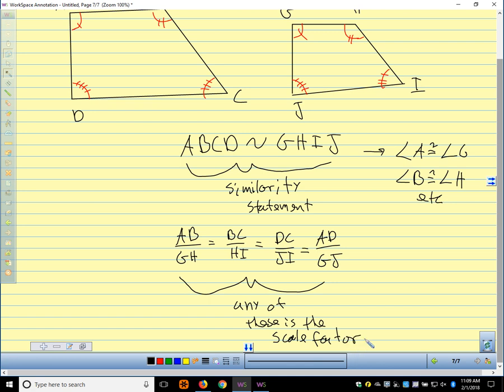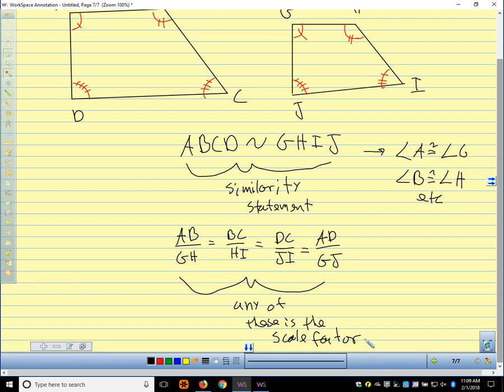So if that ratio is 2 to 1, that tells us this polygon is 2 times bigger than the smaller polygon. If the ratio were 3 to 2, that would tell us this polygon is 1.5 times bigger. And you can have other ratios, 5 to 7, 10 to 19, something like that.